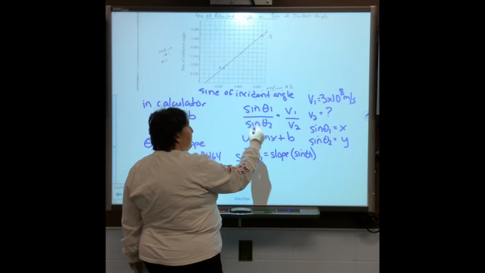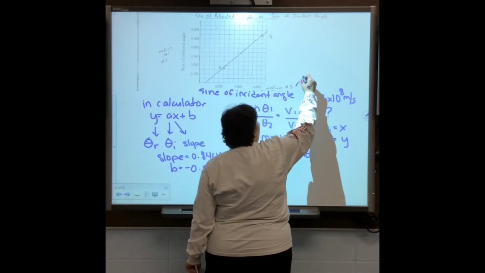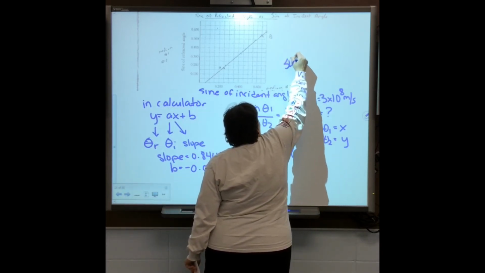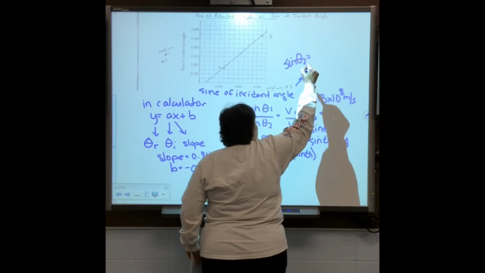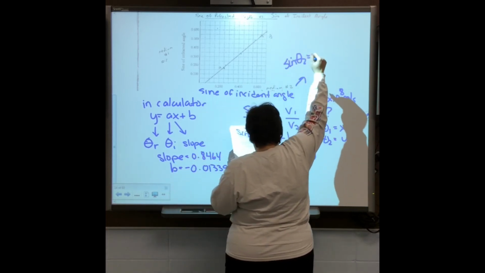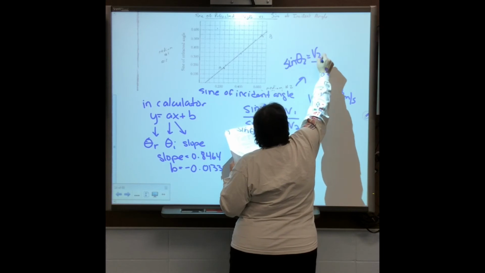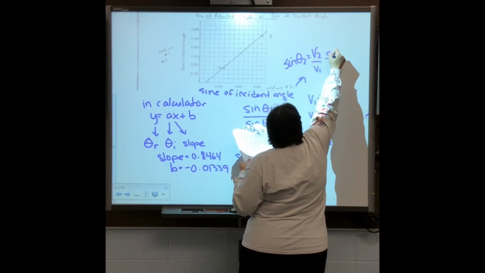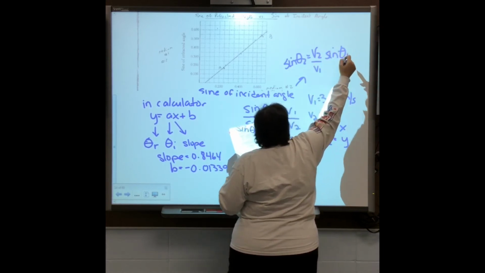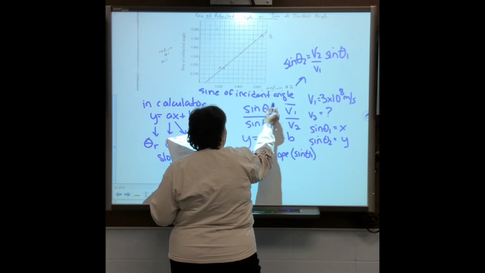So when we rearrange this formula and we solve for sine theta 2, we see that we have v2 over v1 times sine theta 1.